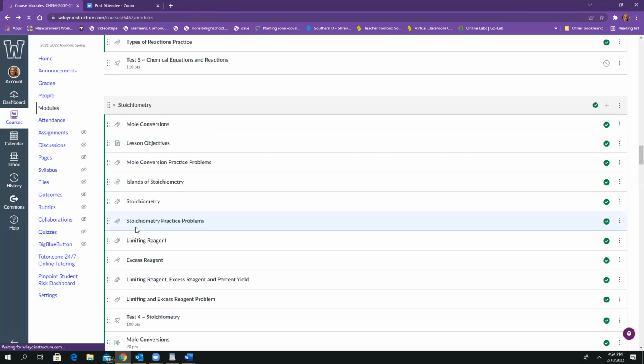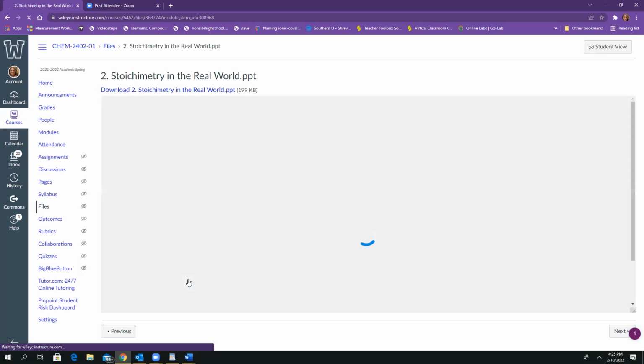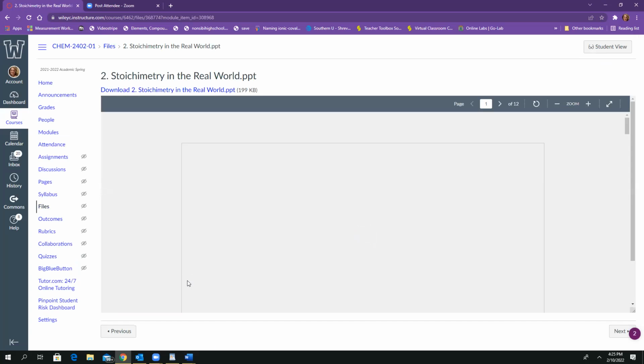Yeah, a limiting and excess reagent problem. And then there's that one too. So try both of those. There are no assignments on this one, no actual tests, but I want you to try these because you already went through stoichiometry before, and we'll have other stoichiometry opportunities.